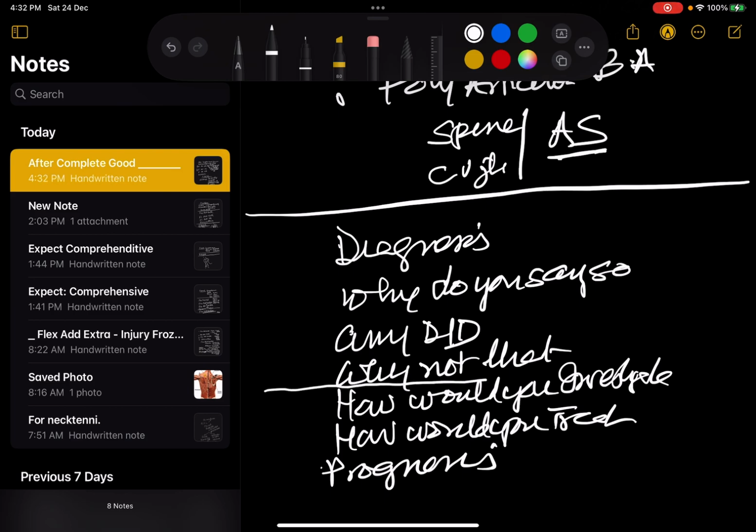The above description will make you answer these questions: diagnosis, why do you say so? Any differential diagnosis, why not that?